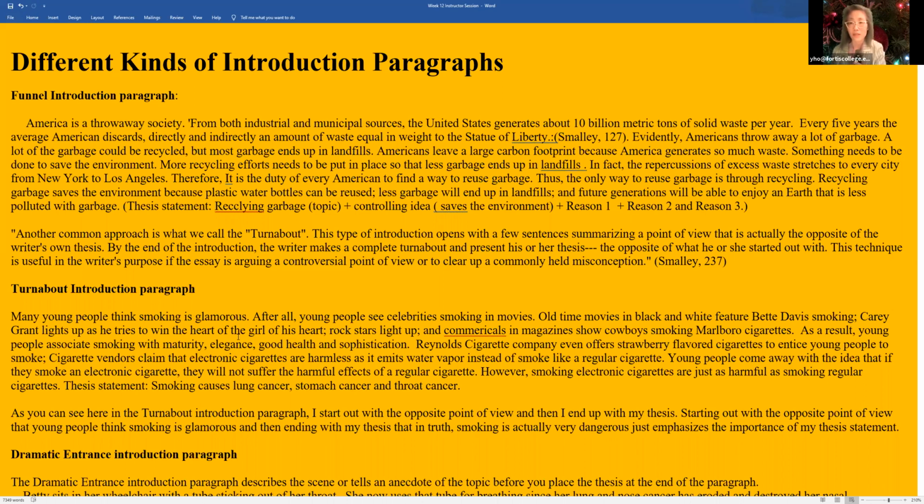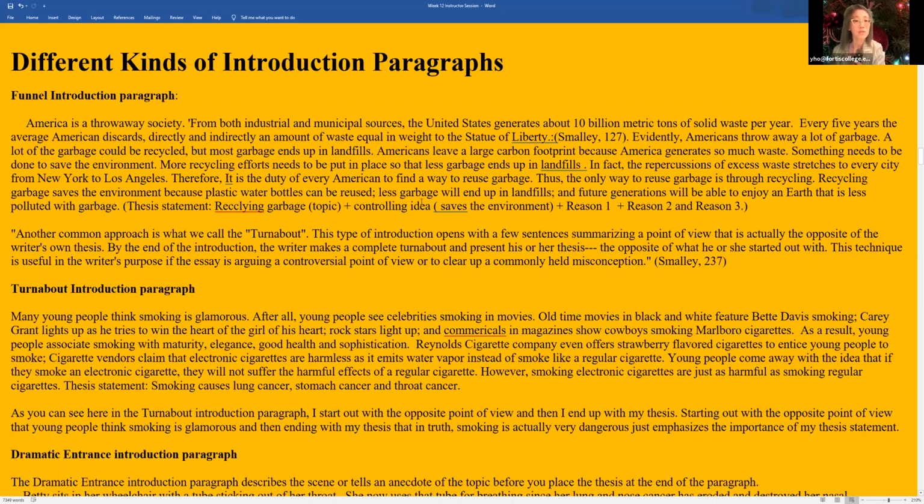In fact, repercussions of excess waste stretch to every city from New York to Los Angeles. Therefore, it is a duty of every American to find a way to reuse garbage. Thus, the only way to reuse garbage is through recycling. Recycling garbage saves the environment because plastic water bottles can be reused.